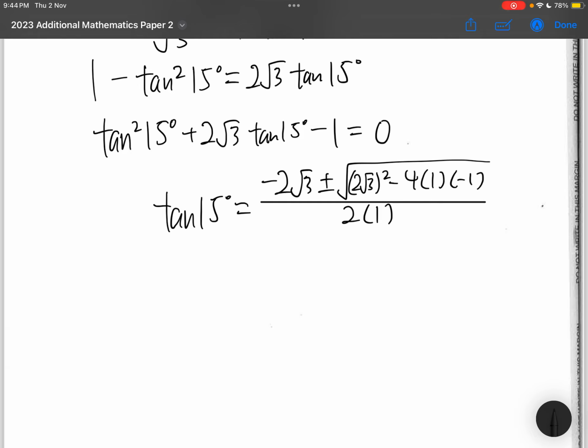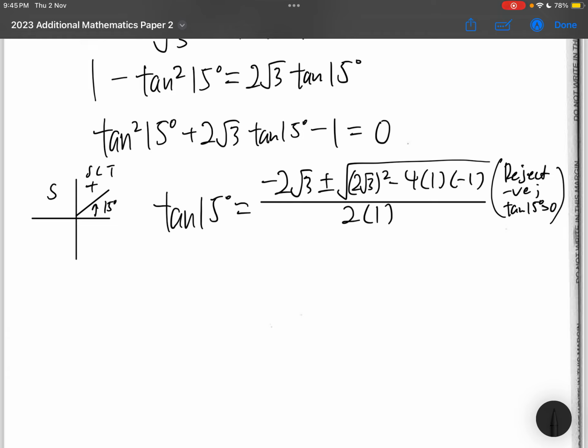So in this case, this is the stage where I reject the negative answer because tangent 15 degrees is more than 0. Since 15 degrees is an acute angle, we know that the sine, the cosine, and the tangent of any acute angle is positive. It's positive for sine, cosine, and tangent. This is sine positive, this is tangent positive, and this is cosine positive.